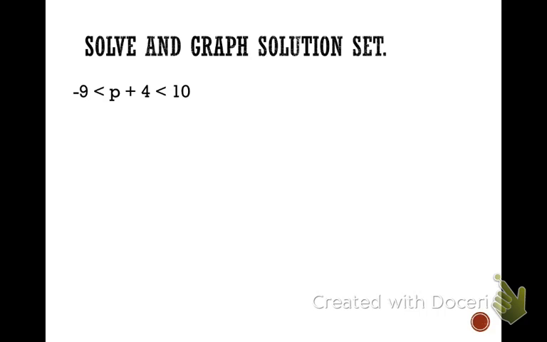I just do it as one big problem. How am I going to get the p by itself on the inside? Subtract 4, and I'm going to subtract 4 everywhere. So the 4 is gone. Negative 9 minus 4 is negative 13, less than p, less than 6.